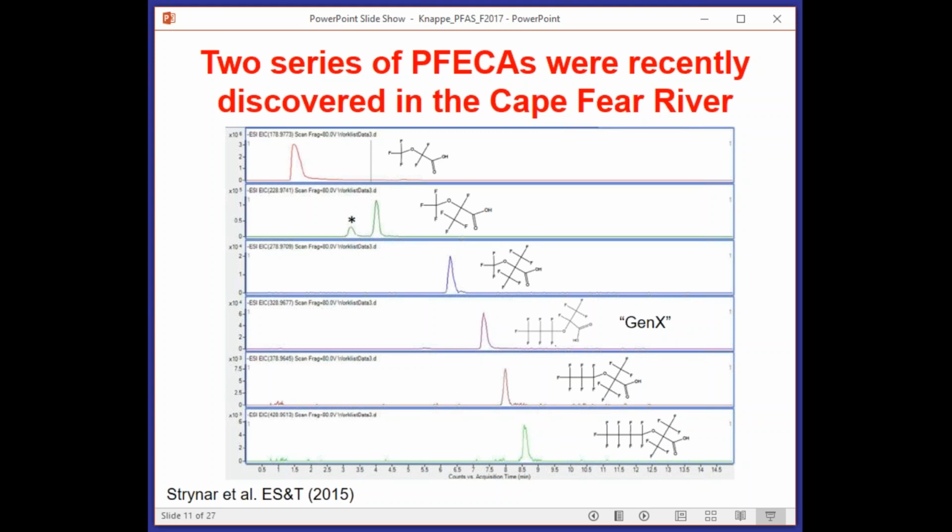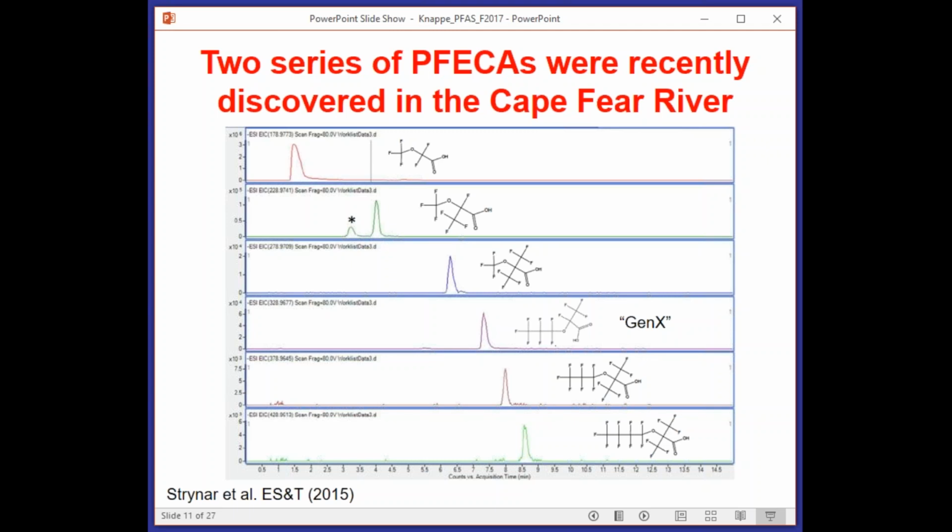And what you can see here is a series of compounds that differ by additional CF2 groups. But what's common to all of these compounds is that they have one ether linkage. So that's one oxygen functional group that is interspersed into the fluorinated carbon groups.